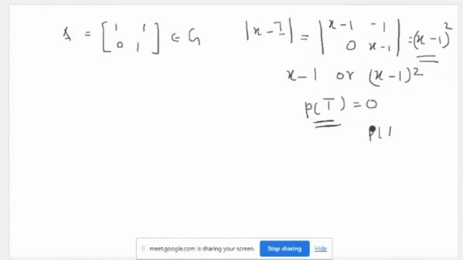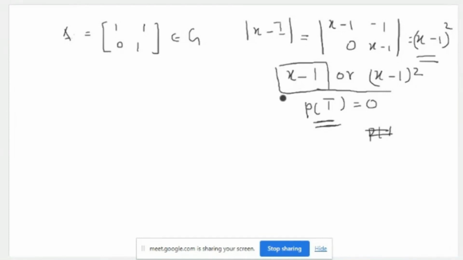So all such properties are there, but I'm not going to the details of the linear algebraic properties. The only Cayley-Hamilton result you need here says the minimal polynomial and characteristic polynomial have the same roots. And here the only root is 1, repeating 2 times. So the minimal polynomial is either x minus 1 or x minus 1 all square.